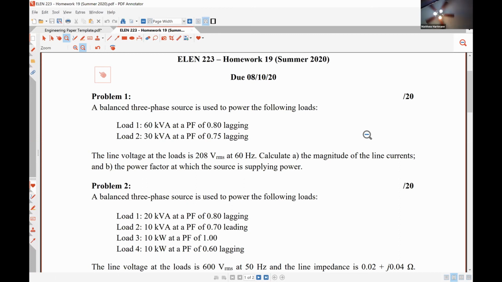We're told the apparent power at which the loads operate and their power factor, which is enough information for us to determine the complex power absorbed by each of the two loads. We are given the line voltage at the loads, and from that we want to determine the magnitude of the line currents and the power factor at which the source is supplying power.